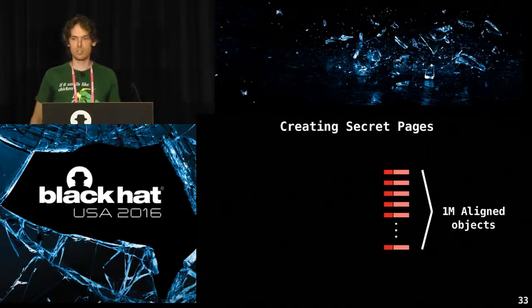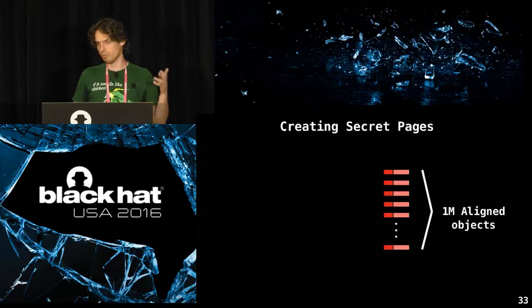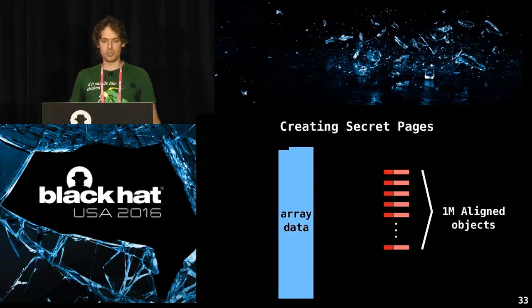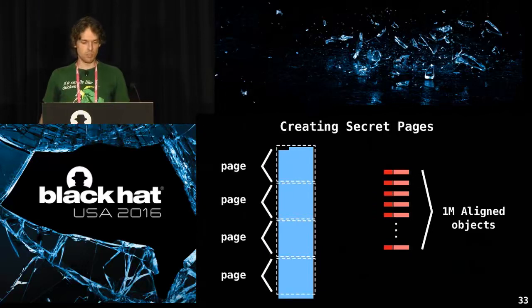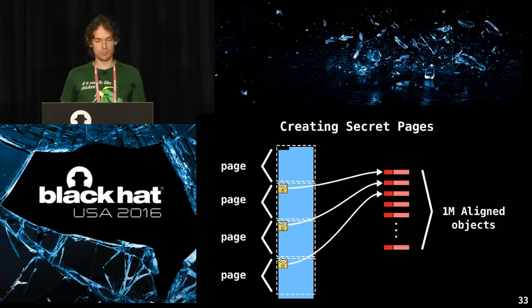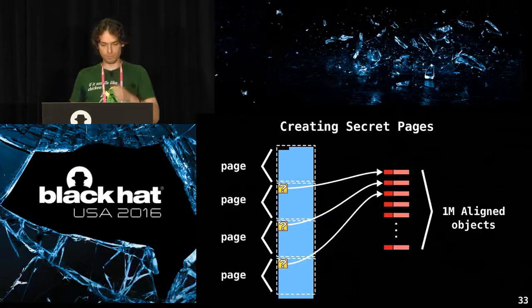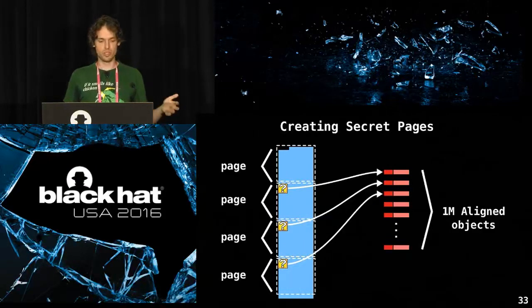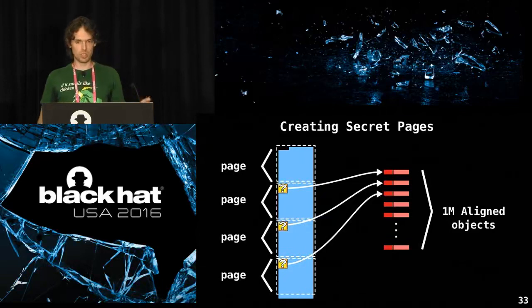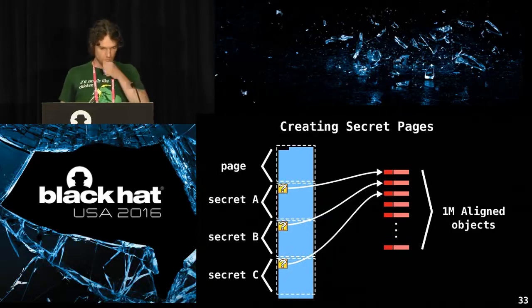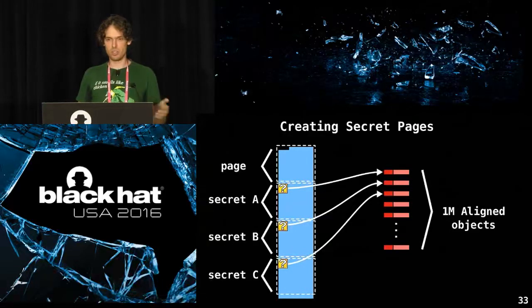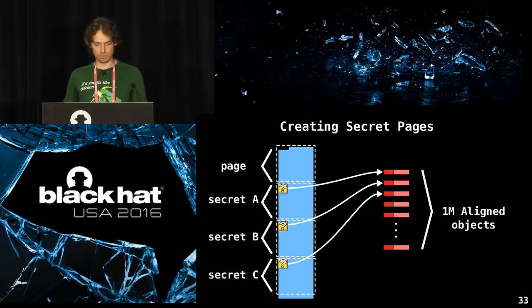We have our list of 1 megabyte aligned objects, or potentially 1 megabyte aligned objects. Then we take an array, and we create references to these objects, which happen to be pointers. So we now have pages with secrets in them. These pages encode the secret that we want to leak.